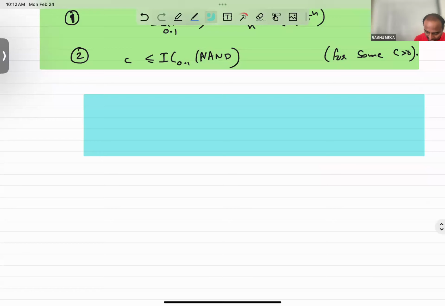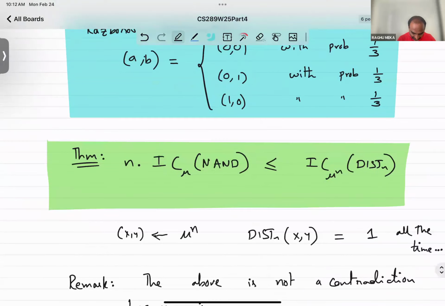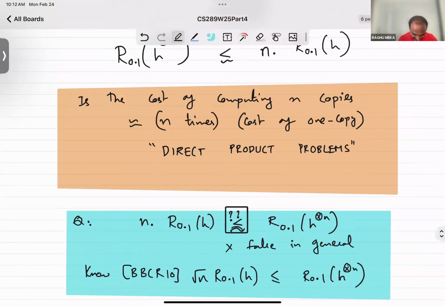All right. So the one correction I want to make is this. Remember how we defined the information complexity of a function? Let me go back to the definition and I'll tell you what the mistake is.